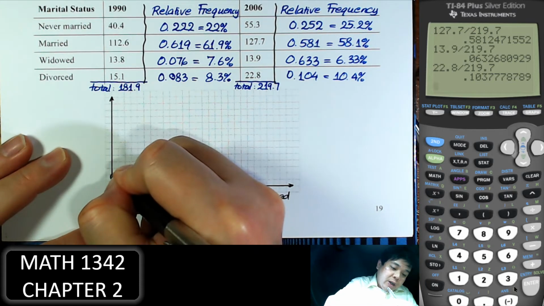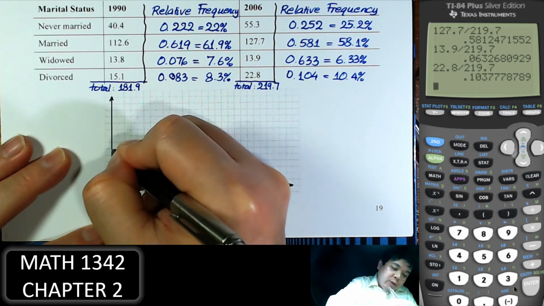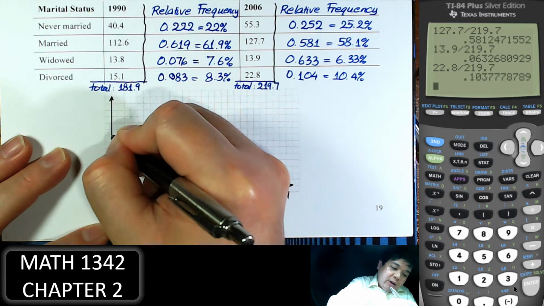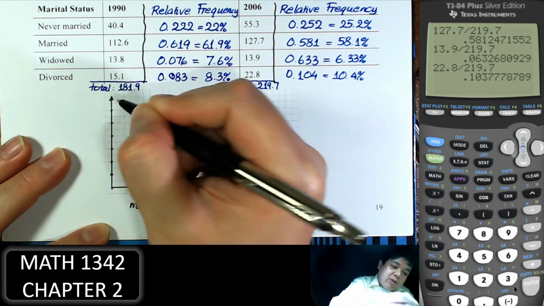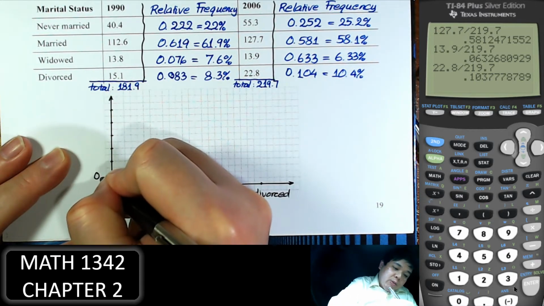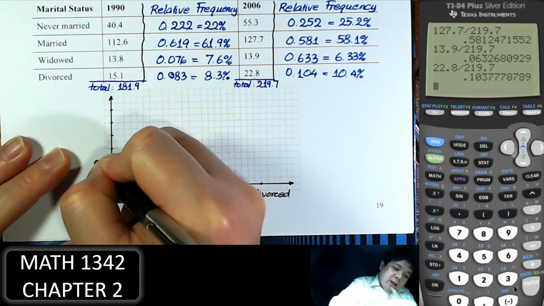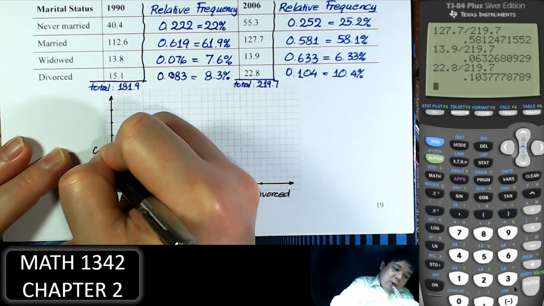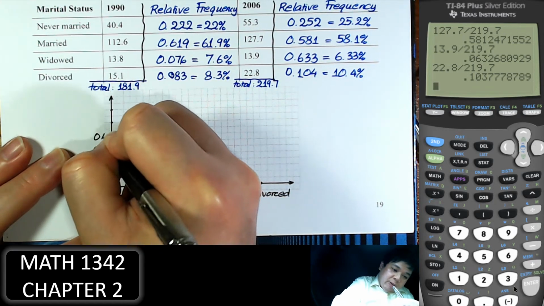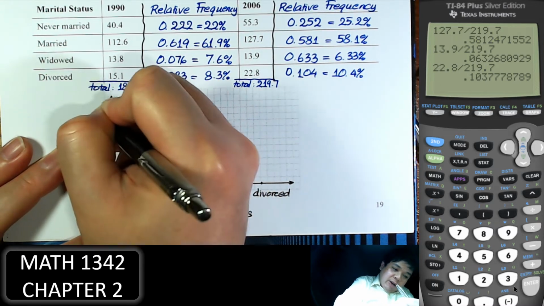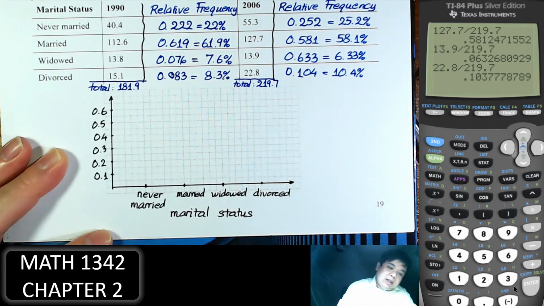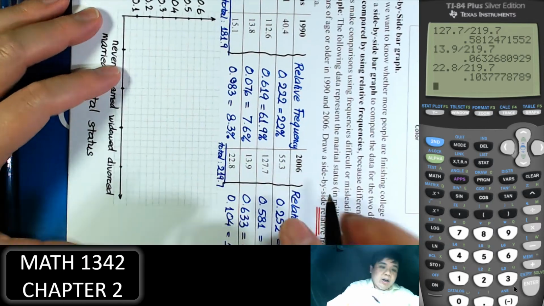So 10, 20, 30, 40, 50, 60, that's good enough. So 0.1, 0.2, 0.3, 0.4, 0.5, and 0.6. And on this we write relative frequency.